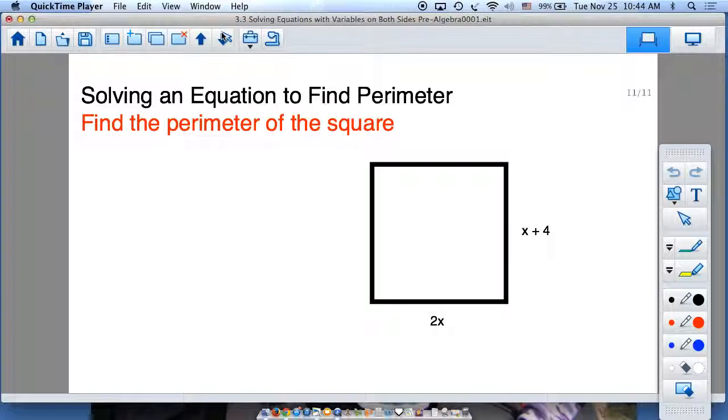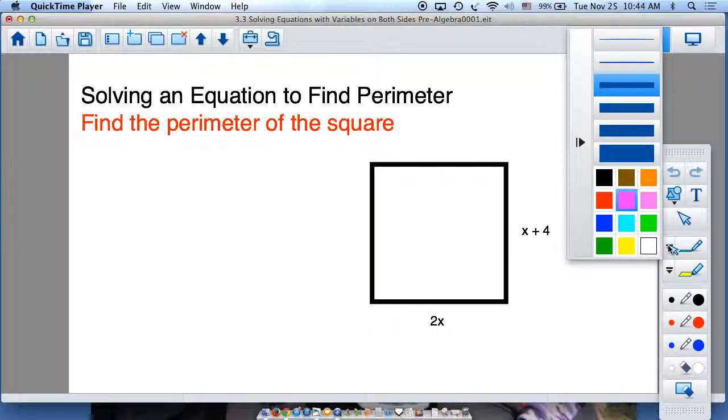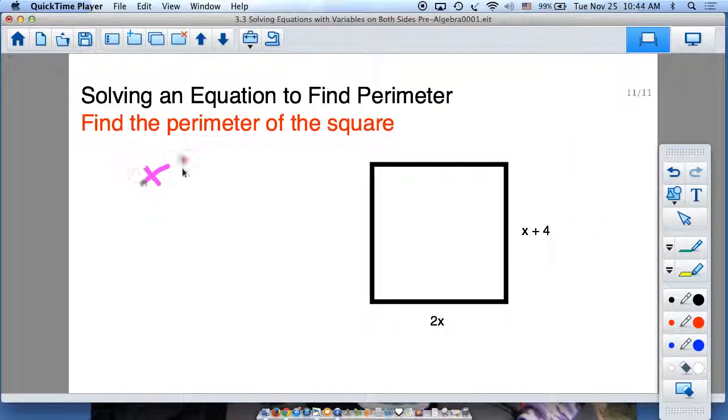Now, we know and understand that in squares, all sides are equal to one another. So since we know they're equal to one another, we know this x plus 4 side is going to be equal to 2x. Both sides are equal because it's a square. And we know all four sides of a square are congruent. So I can set up an equation to help me find the perimeter.